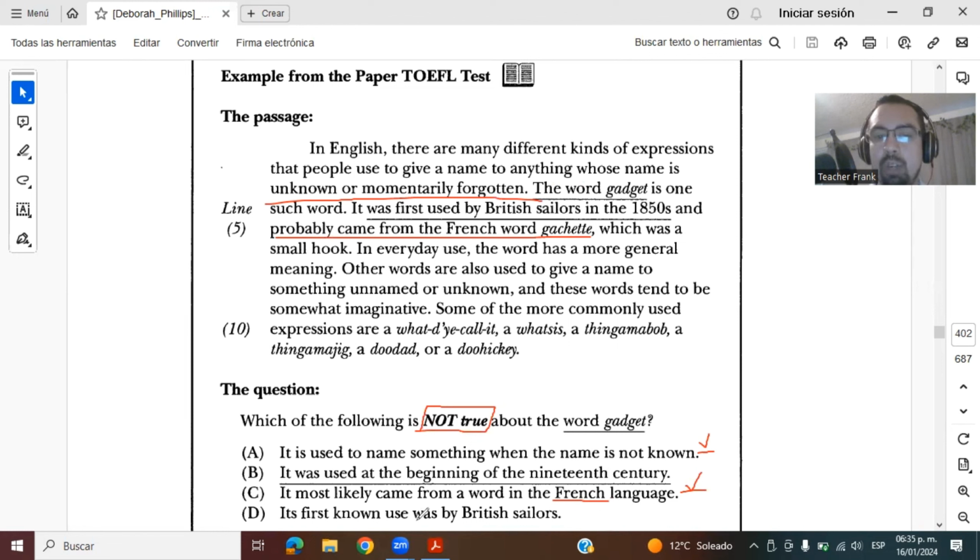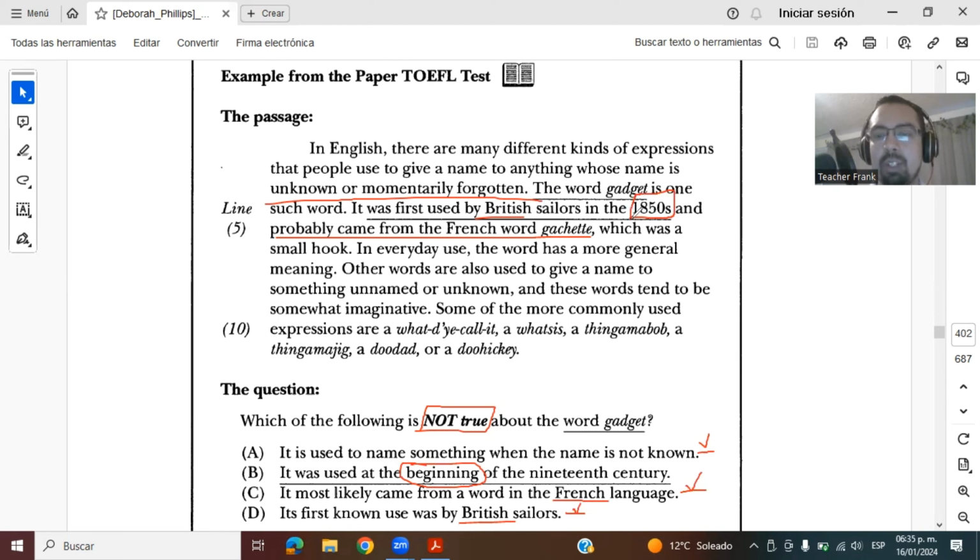And its first known use was by British sailors. And I think somewhere right here, it was first used by British sailors, is mentioned, so this one's not correct. It was used at the beginning of the 19th century, it says right here. And if we actually look at this line, it says it was first used by British sailors in the 1850s.